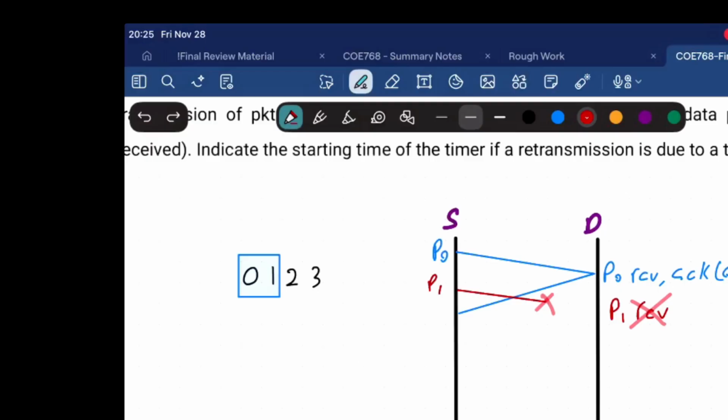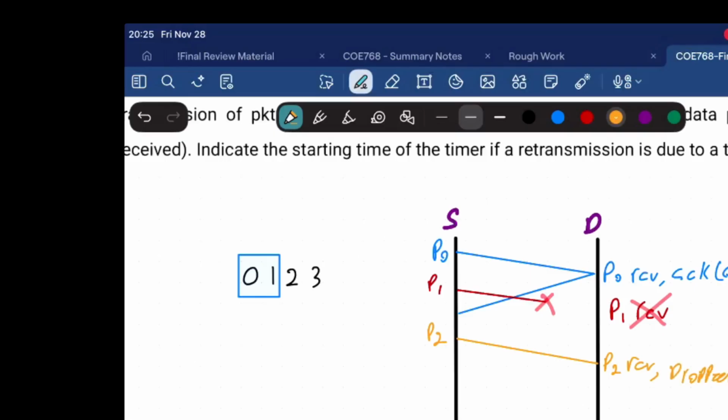In the meantime, the sender still thinks that everything is going normal, and it starts the transmission for P2. It ends up getting to the destination. So P2 is received, but then it's dropped.